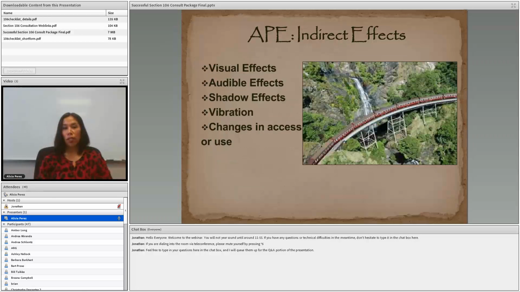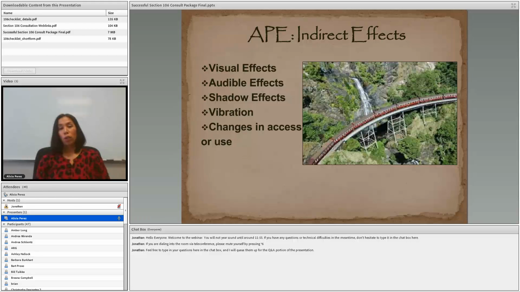Other effects include indirect effects. So these are non-physical effects that may affect historic properties. Examples are visual effects, audible effects, shadow effects, vibration, and changes in access or use. I chose this photograph because it gives a good example of perhaps the construction of a railroad through a once isolated area that may perhaps have an archaeological site.